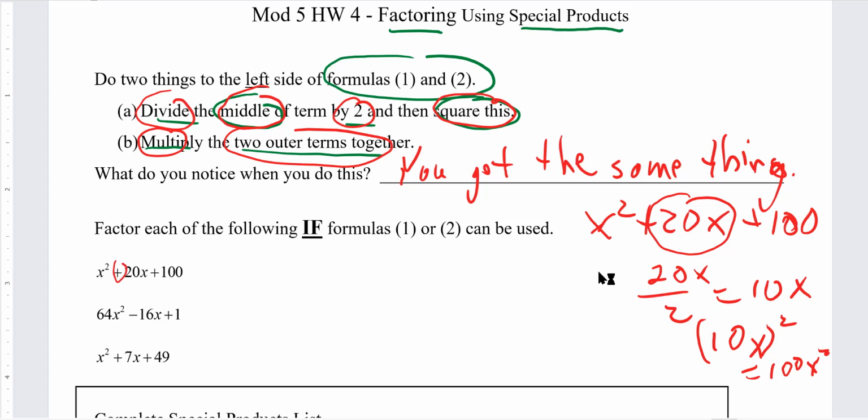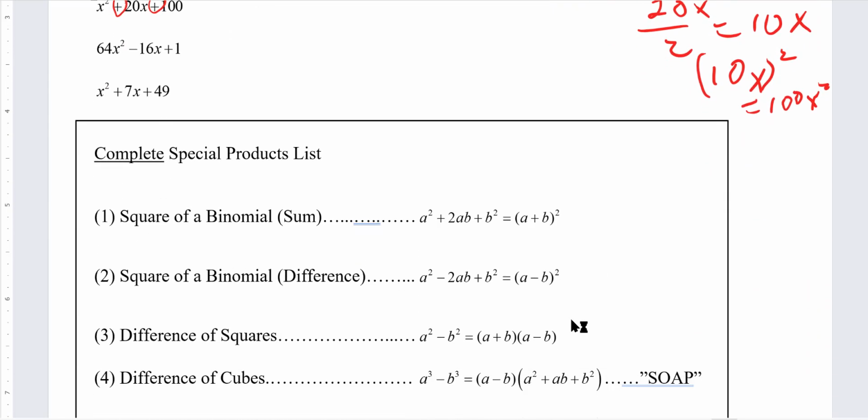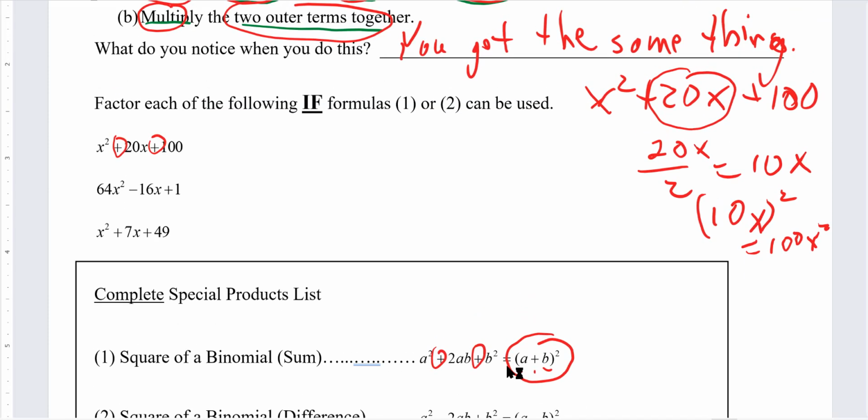Now notice these are both plus signs. Let's take a look at those formulas. The one that has both plus signs says it factors as whatever a is plus whatever b is, squared. a is whatever you square to get x squared, and that would be just x. b is whatever you would square to get 100, and that's 10.